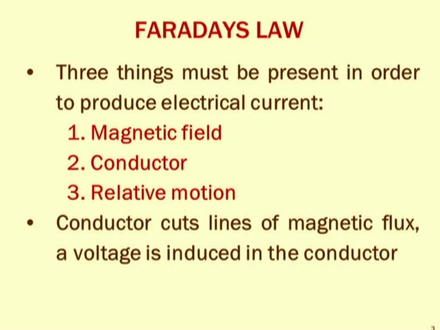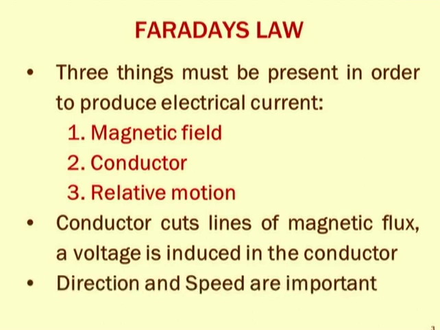So voltage will be induced in the conductor, due to which the current will pass through the conductor. Now the voltage induced in the conductor is not constant. It is varying with time, and it may have a positive value as well as a negative value.